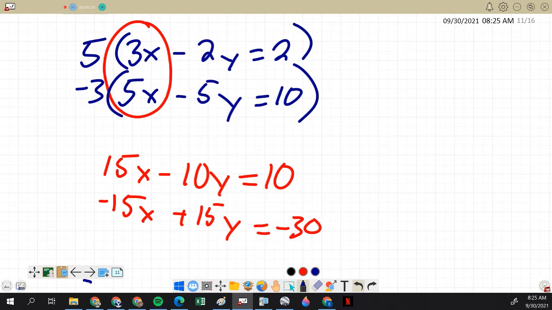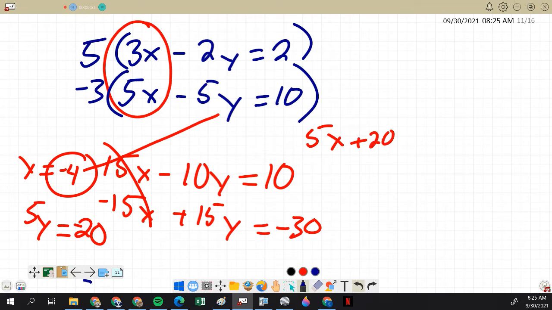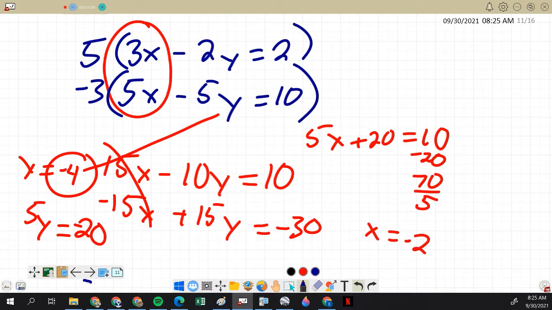Any questions there? Now the x's go away. The y's would be 5y is equal to -20. So y is -4. Then you plug that in. 5x plus 20 equals 10. Subtract 20, and I get -10 divided by 5 is -2.